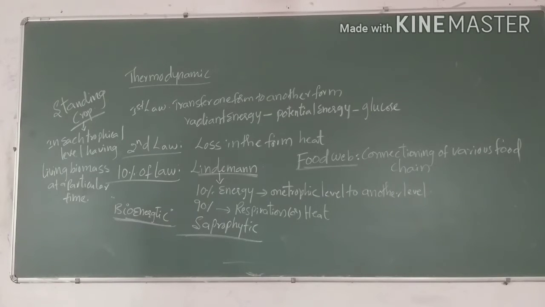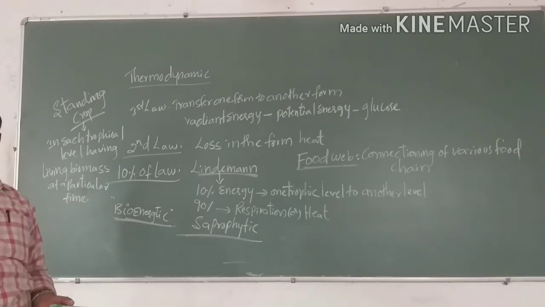We have already discussed examples of the grazing food chain as well as the detritus food chain, which together form a food web, a network of several food chains.